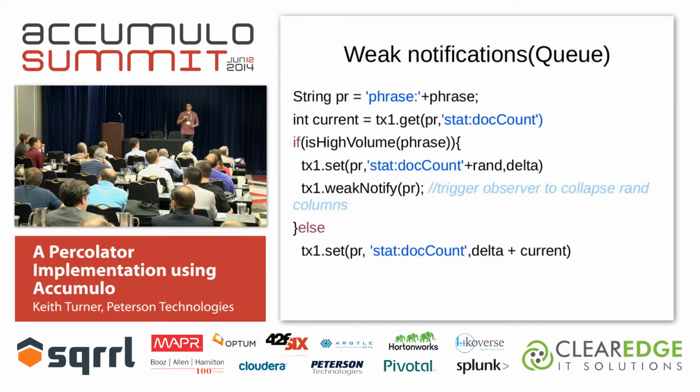Yeah. Are you automatically determining the high cardinality, or is that something you just need to know about the data? So in the example, what I did was I used local information. And I'm not sure if it's best, but say a document had like 50 phrases in it, I go through and I know the count, like I've read the count for all those phrases.